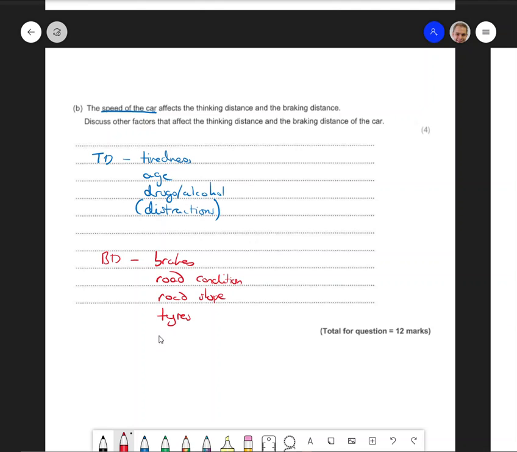The final one is the mass. Okay, so those are the things that affect the braking distance. So any two from the blue lot, any two from the red lot, are what can give you the marks for that.